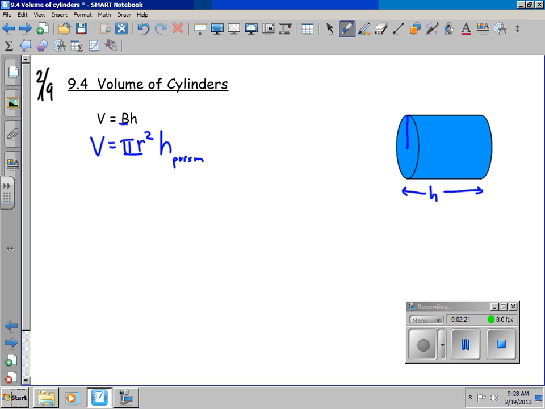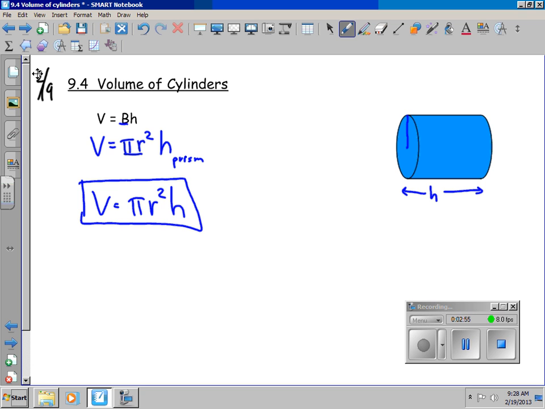So every time you do a cylinder volume, this is the formula for it. Should you memorize it? Well, yes, but if you get forgetful, just go back to what you know. Area of the base times the height, and the area of the base, when it's a circle, is pi r squared times h, the height of the prism. So to find the volume of a cylinder, pi r squared, height of the cylinder.